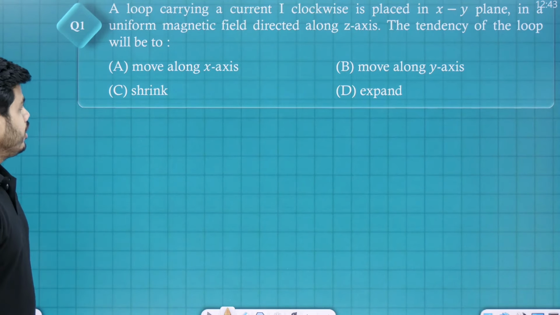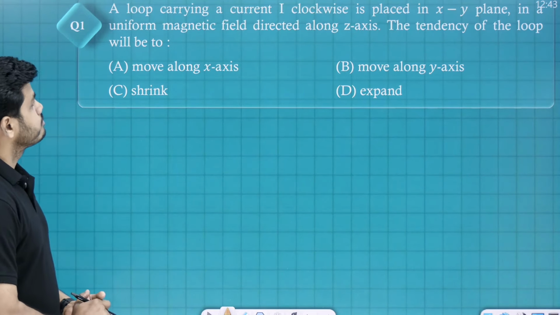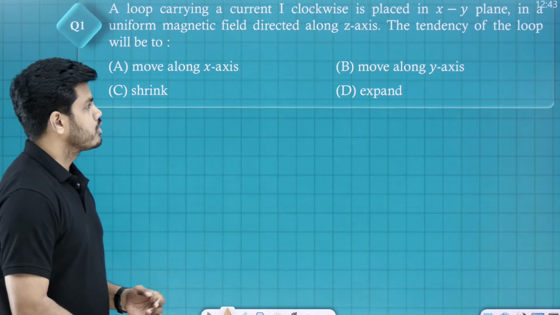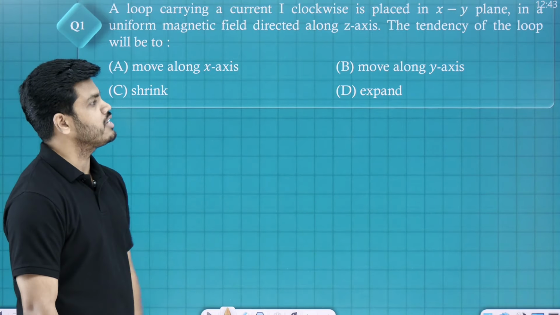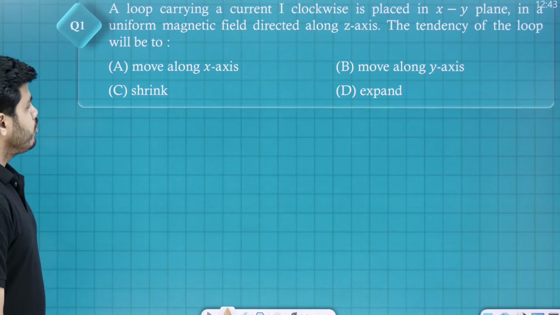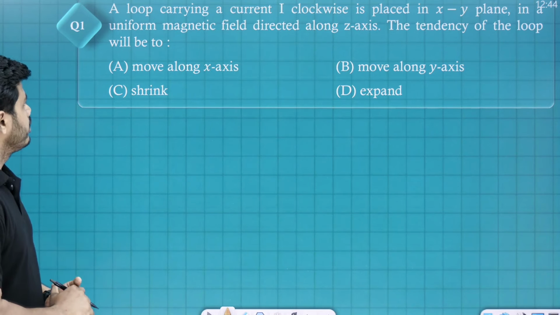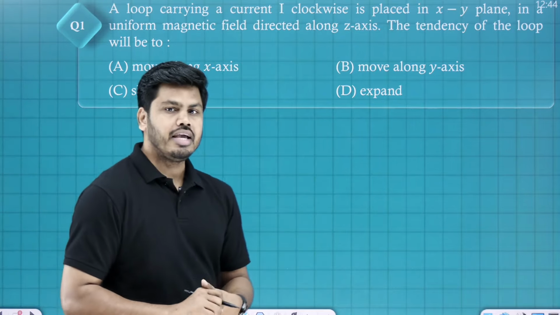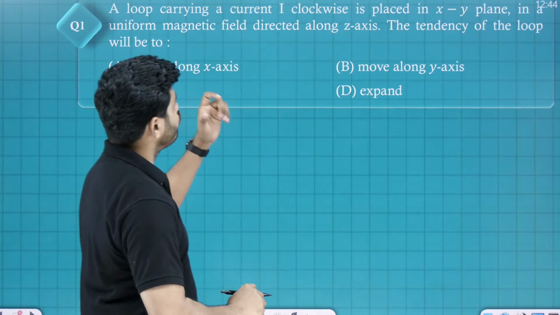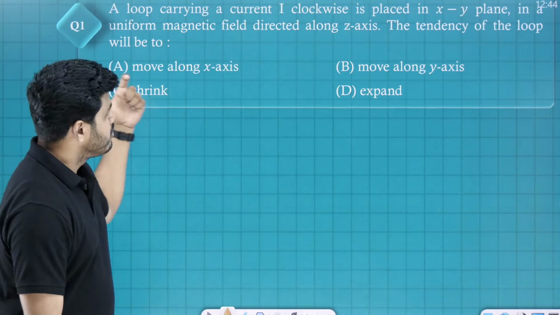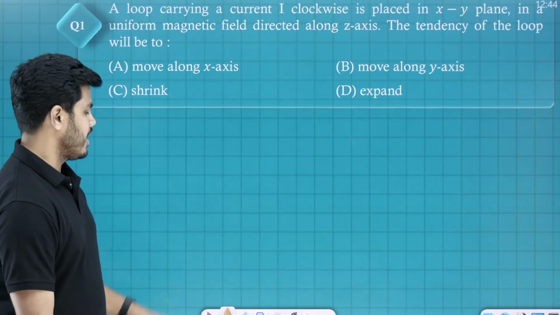Question number 1. A loop carrying a current I in clockwise direction is placed in the XY plane in a uniform magnetic field directed along the Z axis. The tendency of the loop will be to... See, a current carrying loop of wire is kept in a uniform magnetic field along the Z axis.